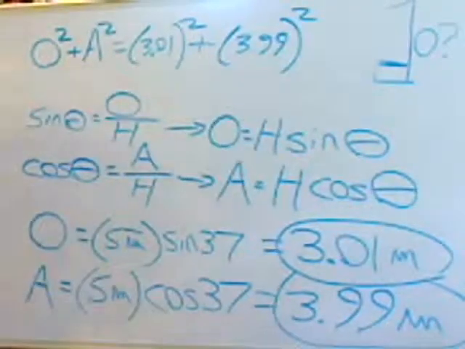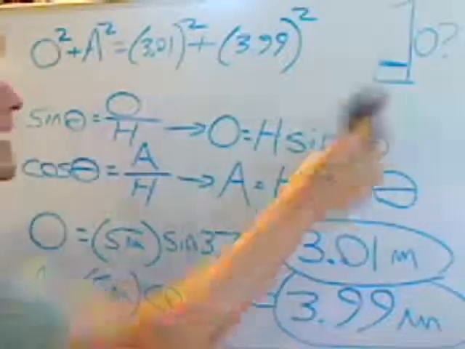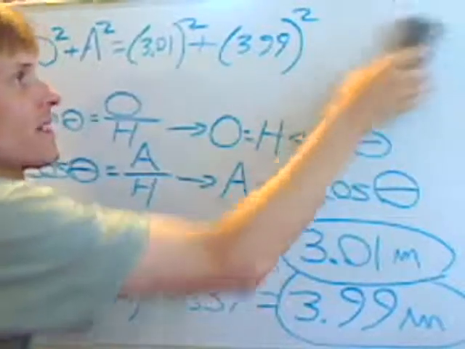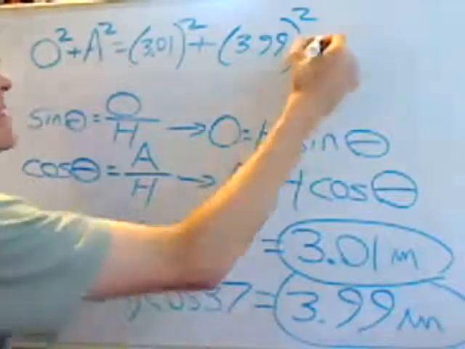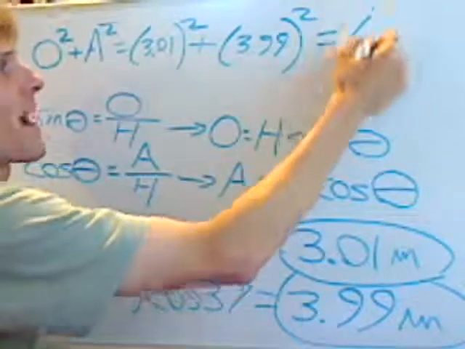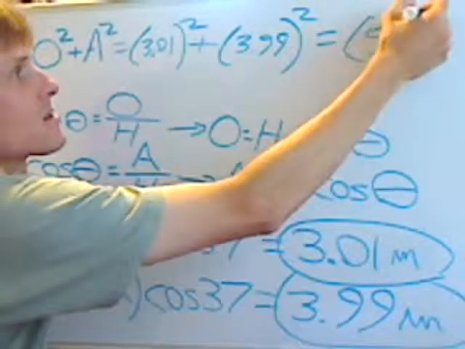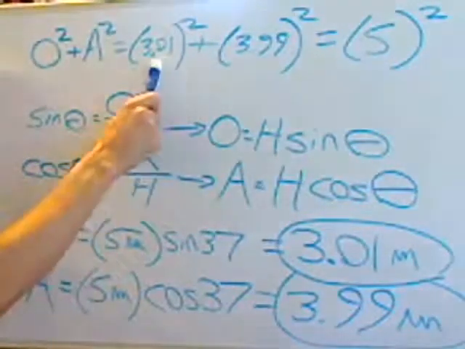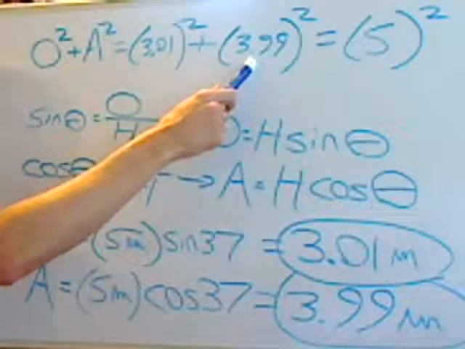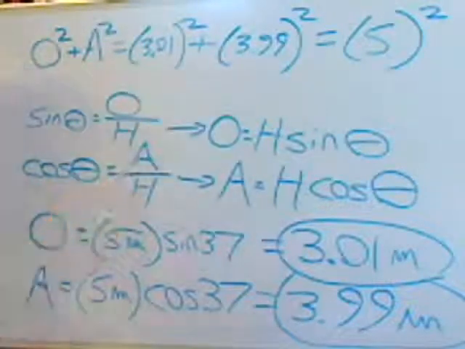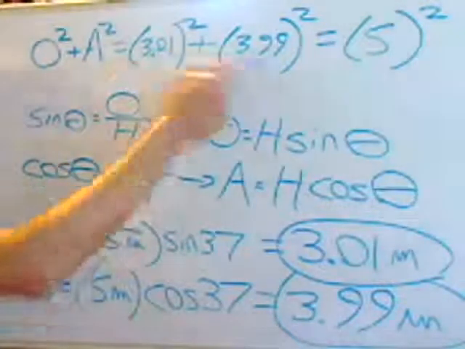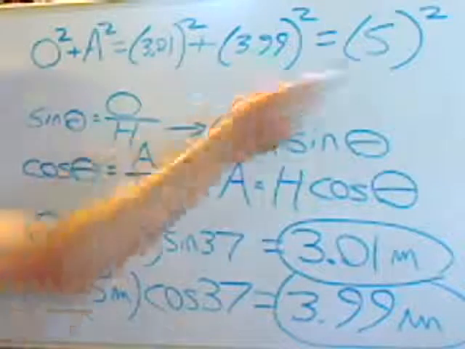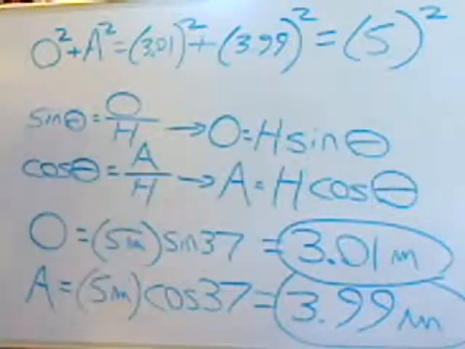Well, when you do that, it equals what we had for the hypotenuse squared. And remember, the hypotenuse is 5 meters squared. Okay, so if you do that on your calculator, 3.01 squared plus 3.99 squared, you should get, to within the precision with which we're reporting these numbers, what you get when you get 5 squared, which is 25.